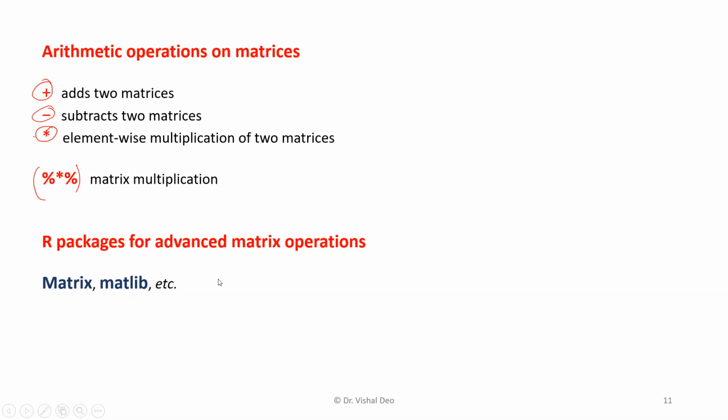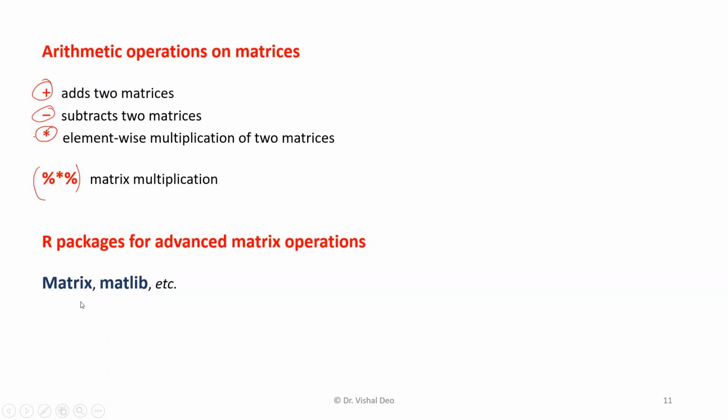Now what about other advanced operations in matrices? The base packages which are pre-installed in R do not even have a direct function for calculating inverse. So if you want to calculate the inverse of a matrix, or find eigenvectors, or even higher operations such as generalized inverse, and much more complex operations, they are available in very specialized packages.